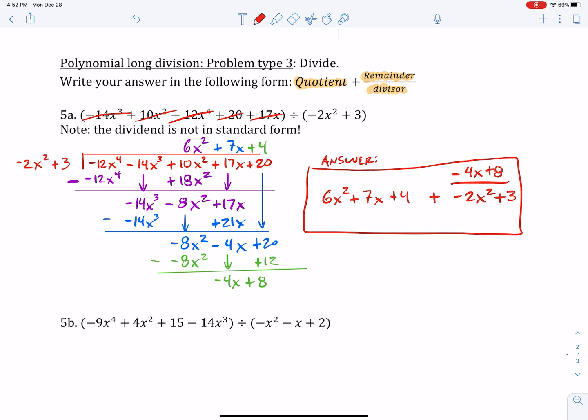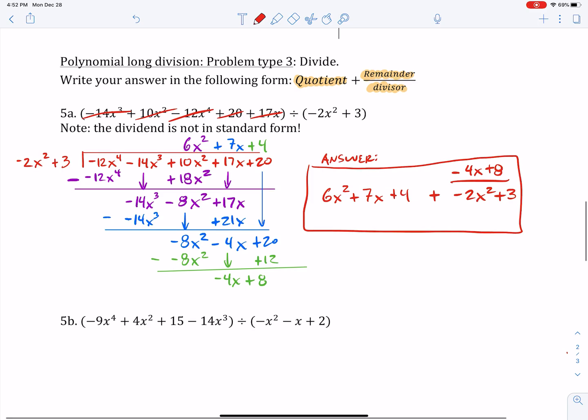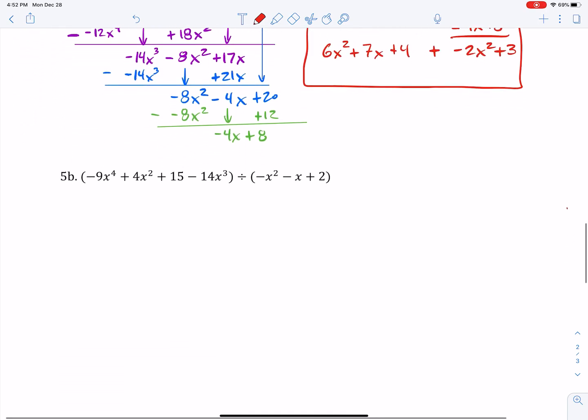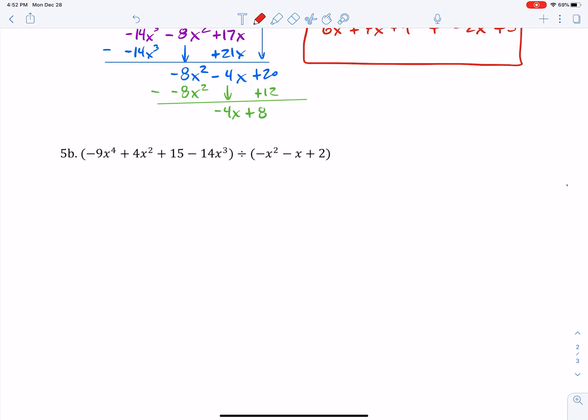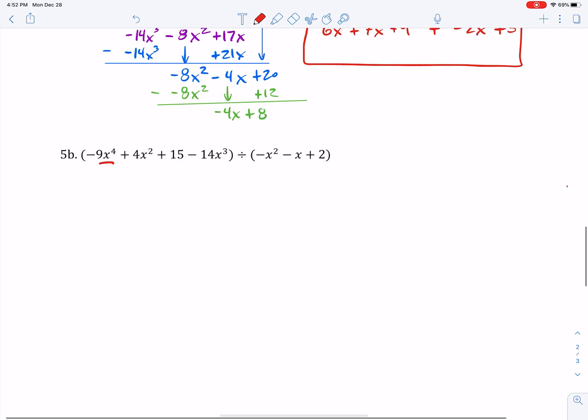What I want you to do is go ahead and try to do 5B on your own. Now, with this problem, you might struggle a little bit here, because if you notice, it goes from x to the 4th power, x to the 3rd power, x squared, but there's no just x.